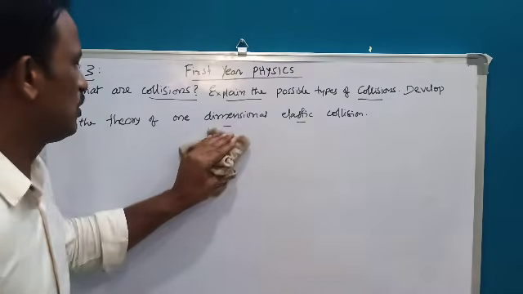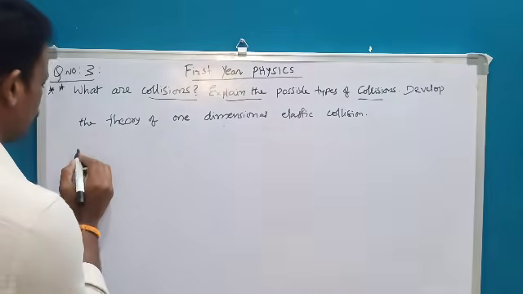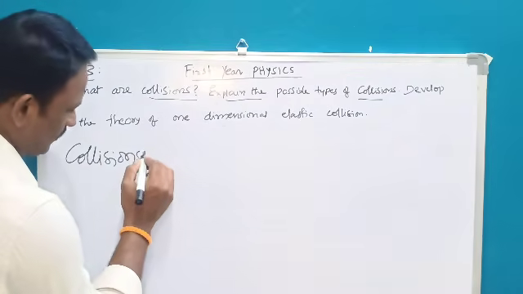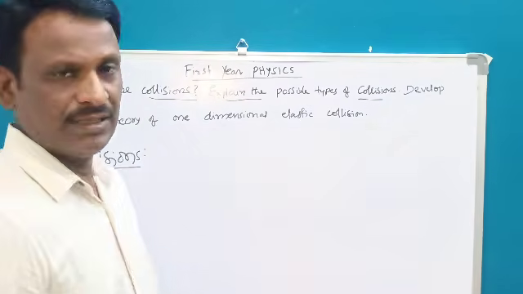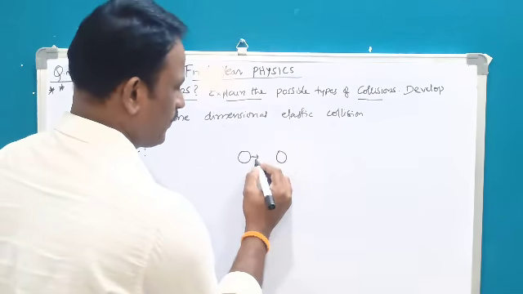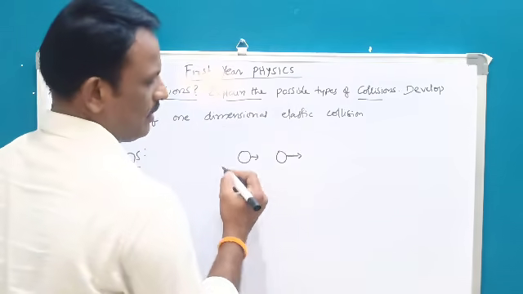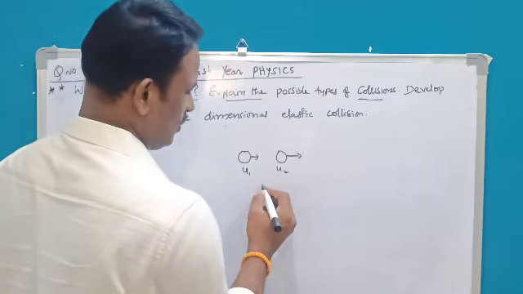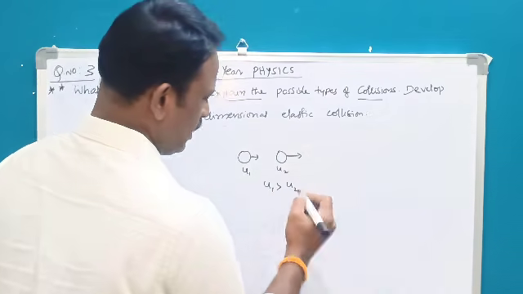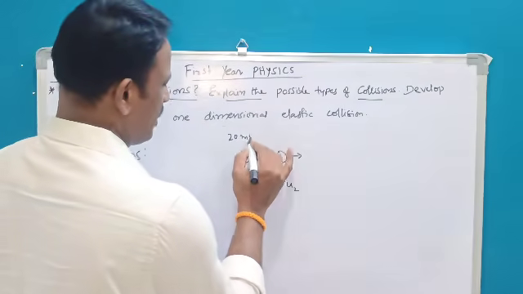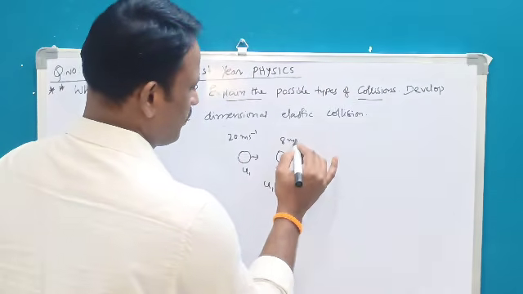So what are collisions? Definition of collisions. See what happens generally. Suppose there are two bodies moving in a particular direction. The first body's velocity is u1, the second body's velocity is u2, and u1 is greater than u2. For example, one is moving with 20 meters per second and the other with 8 meters per second.